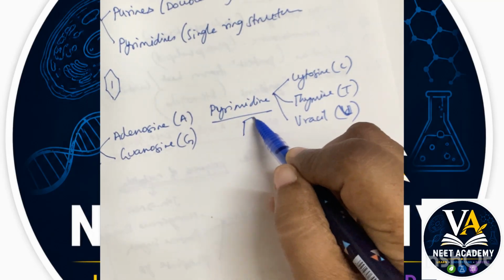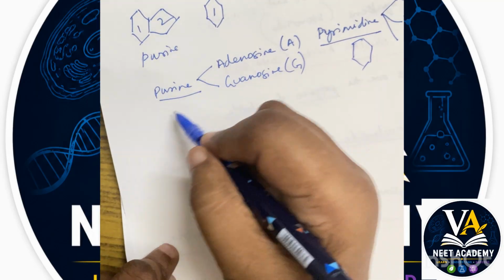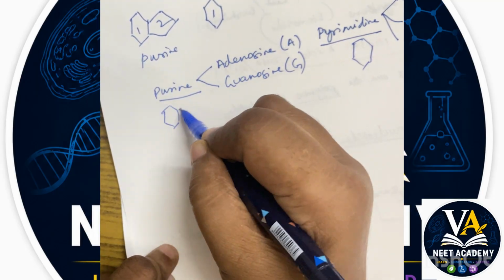Pyrimidine is a single ring structure, purine is a double ring structure.